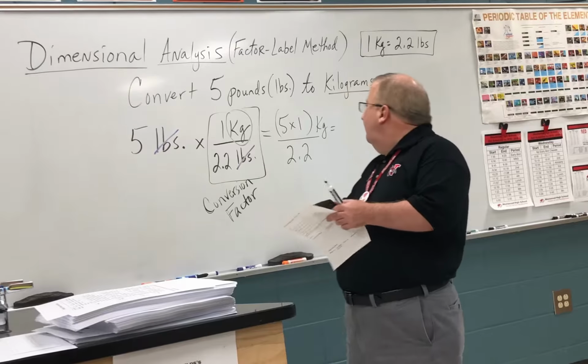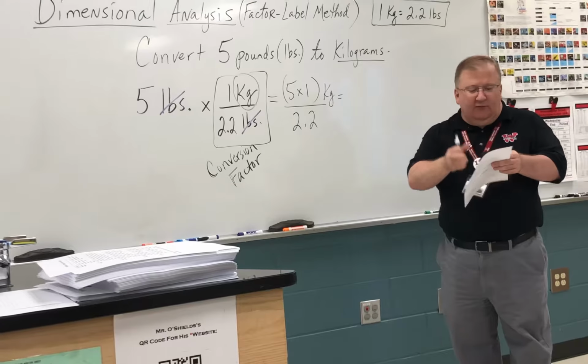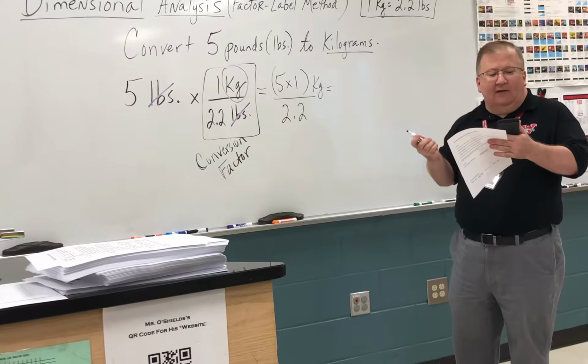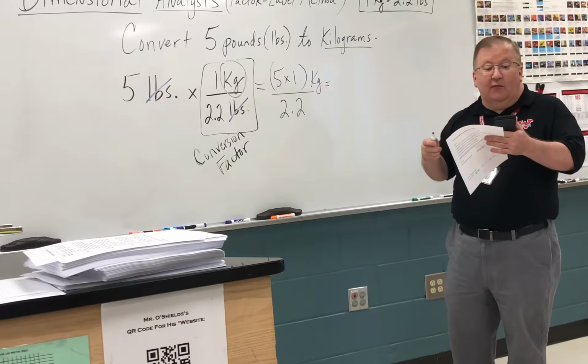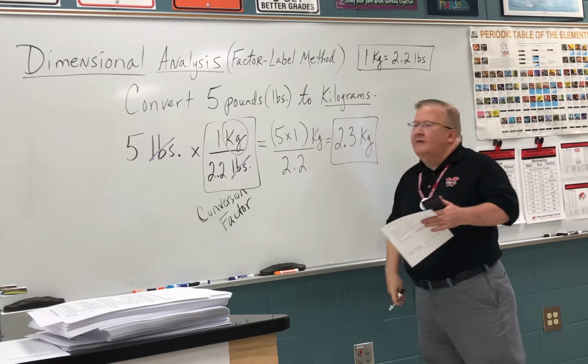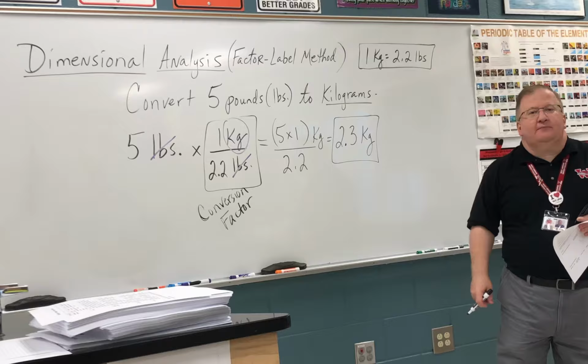So I'm going to say 5 divided by 2.2, and you just carry it to the 10th place, round up if you need to. So I'm getting 2.27. I'm just going to leave it as 2.3 kg. So my final answer is 2.3 kilograms.